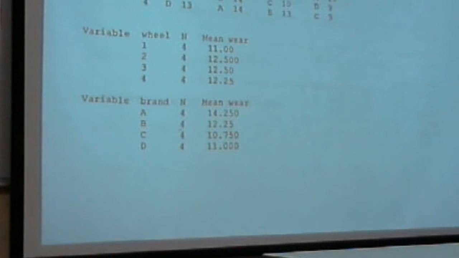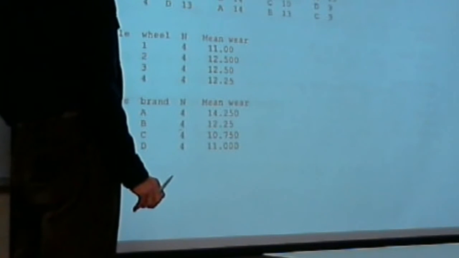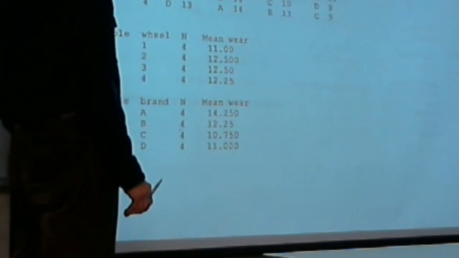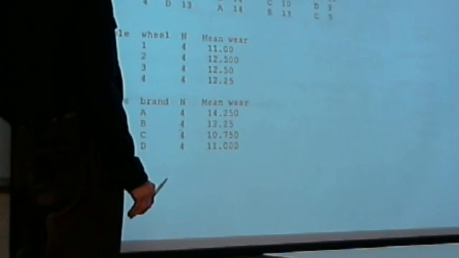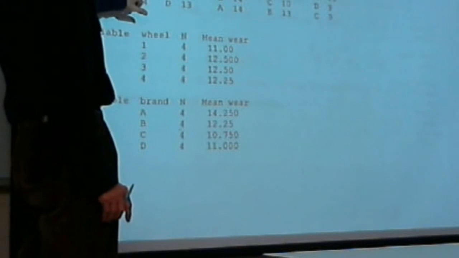So what we're envisioning here are 4 brands of tires labeled A, B, C, and D. We have 4 cars to use for the experiment. The brands of tires are placed on the cars according to a Latin square design. So each car has a wheel position 1, 2, 3, 4.